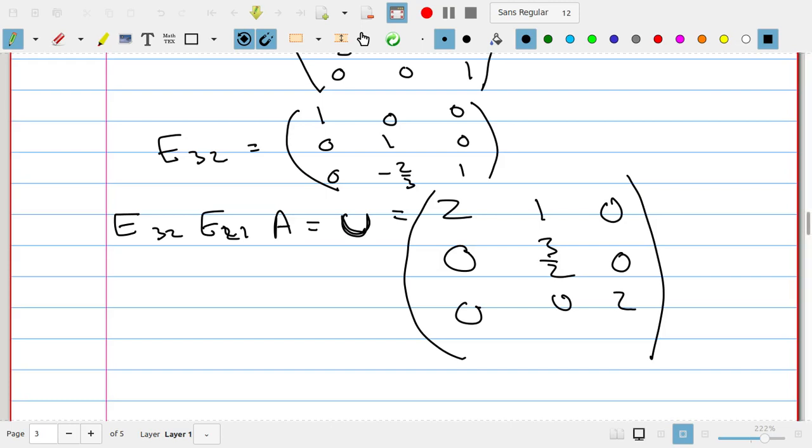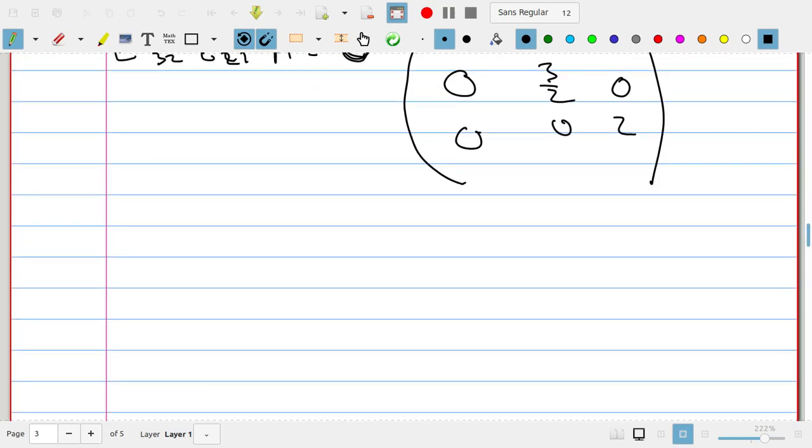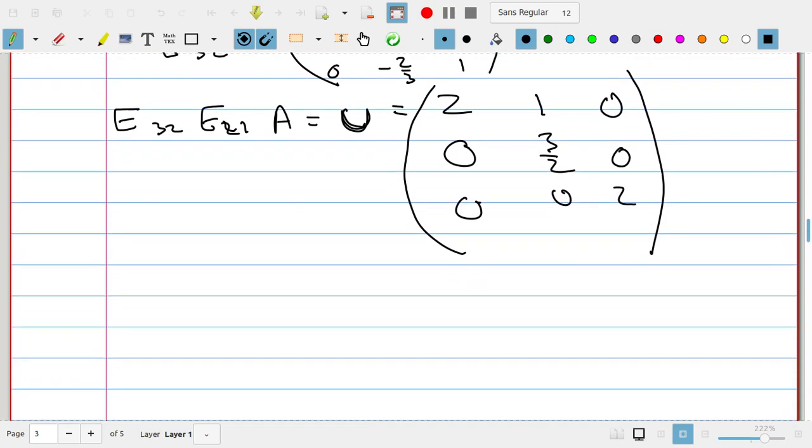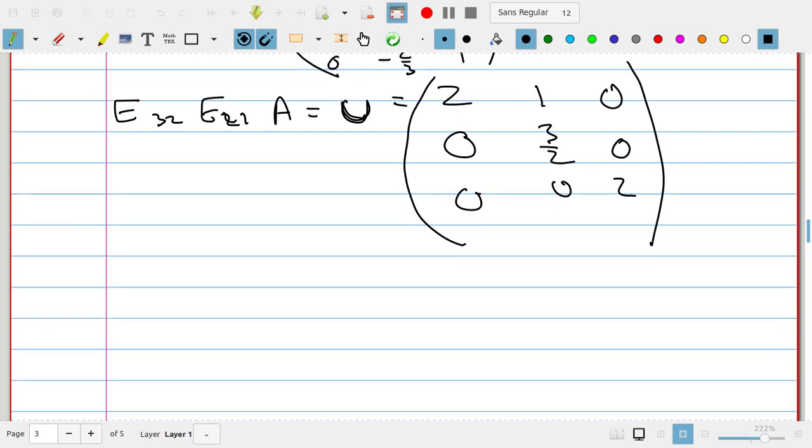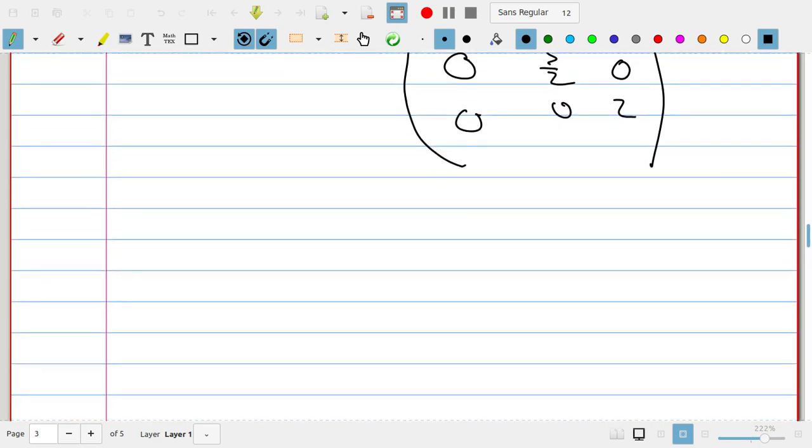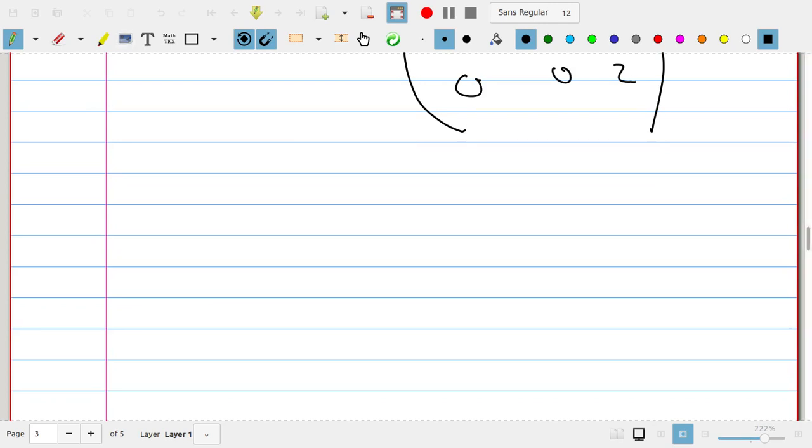Now that we have the upper triangular matrix, let's find the lower triangular matrix. Remember, the inverse of a product, this is equal to y inverse x inverse.